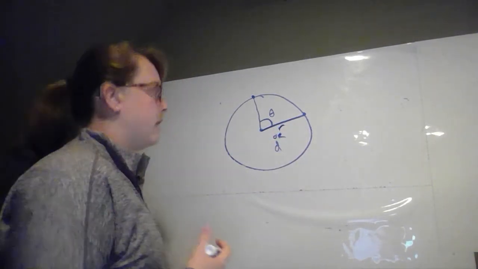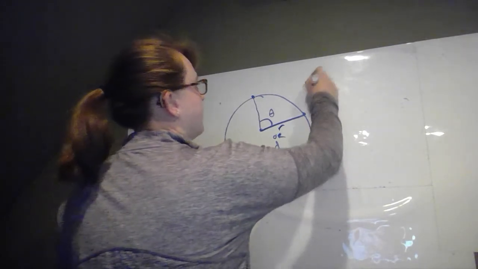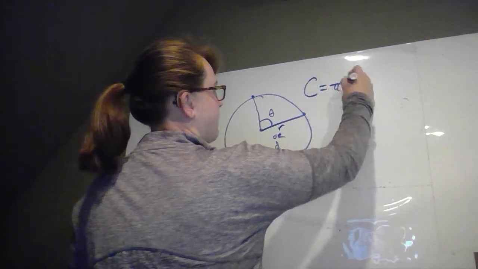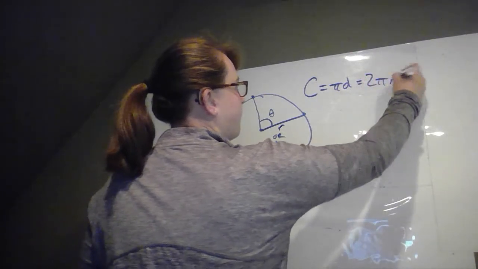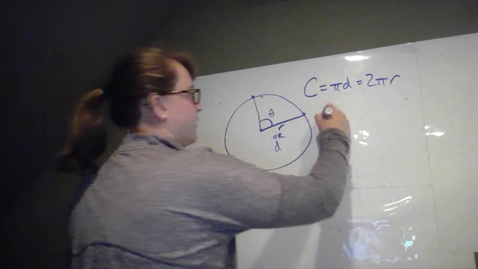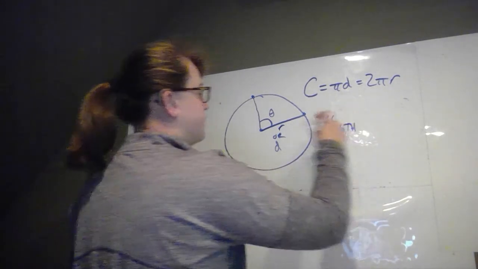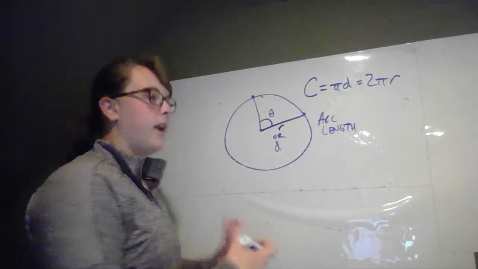And so the formula for the arc length is a lot like the formula for the circumference. We know circumference is pi times diameter, or 2 pi r. And so the arc length is just a portion of that circumference. It's a fraction of it.